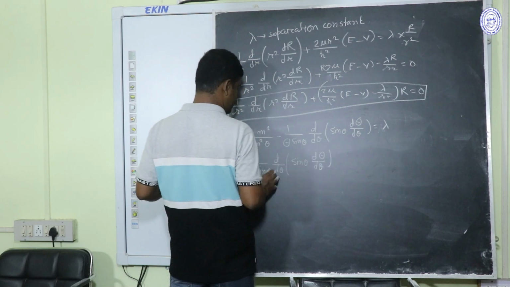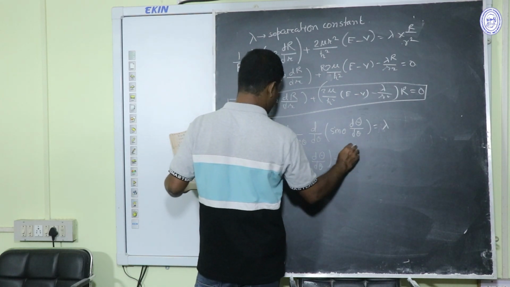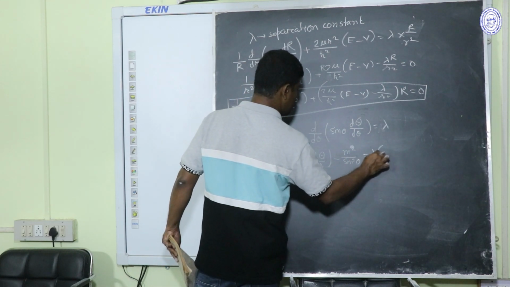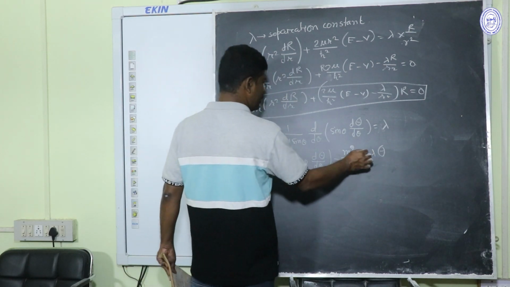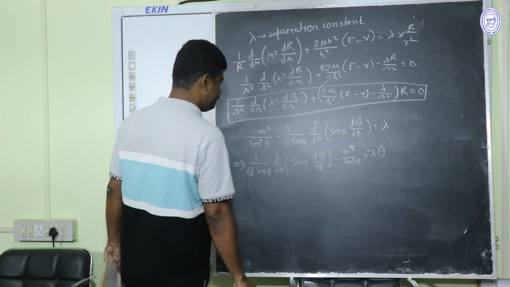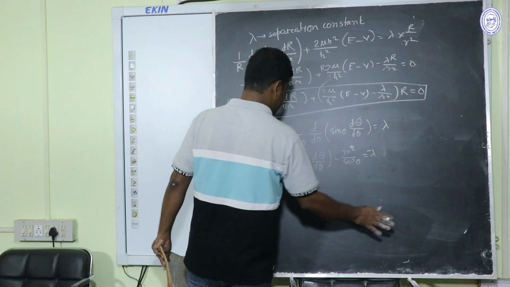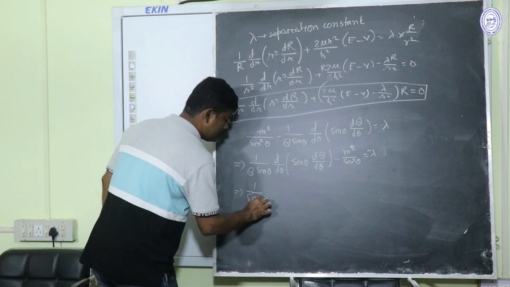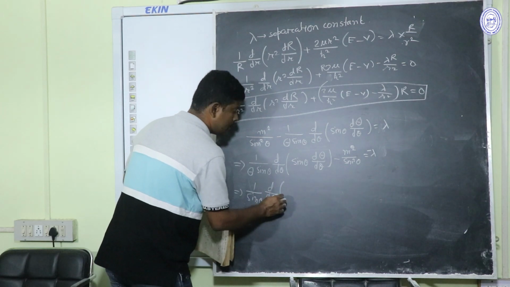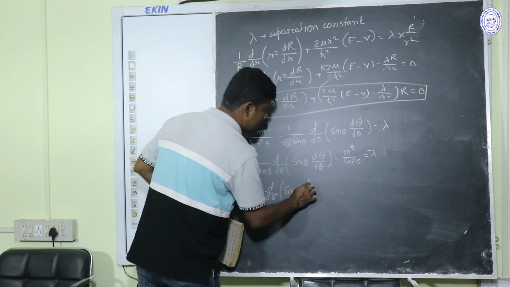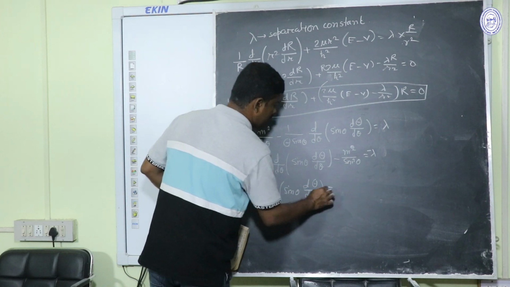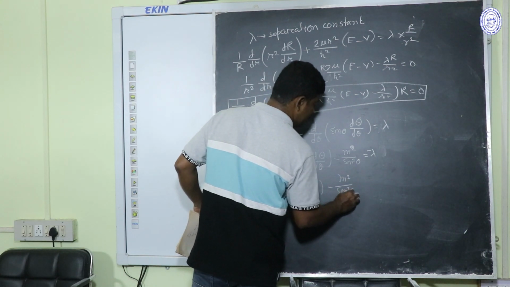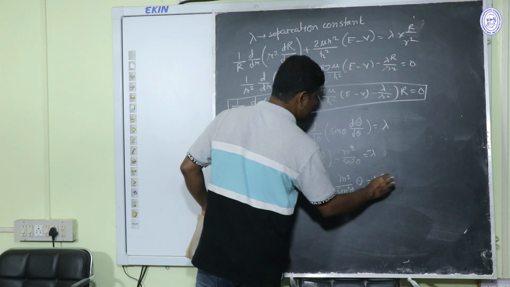We are writing this term first: minus m square by sin square theta equal to lambda, so this will be minus lambda, and if we multiply by capital theta, then we will get 1 by sin theta d/d theta of sin theta d capital theta by d theta minus m square by sin square theta capital theta equal to minus lambda capital theta.